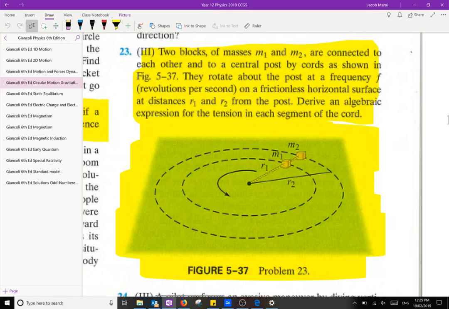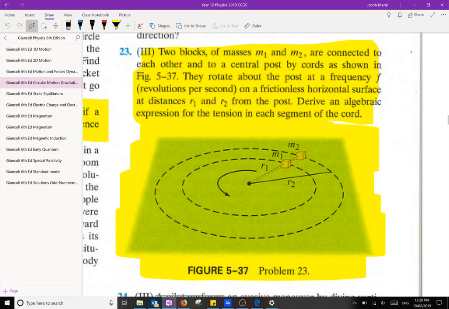Something is telling me, I think whoever made the 2014 WACE exam went looking for inspiration for types of questions, and they opened up Jacaranda's 6th edition, and they saw this question. They removed the frictionless table because in the question it says, ignore any effects of gravity and air resistance. So imagine that someone's spinning this two-ball string thing in the middle of space, away from any gravitational fields.